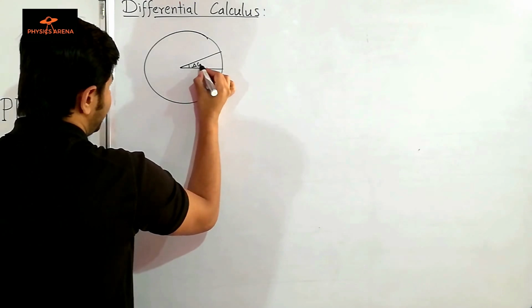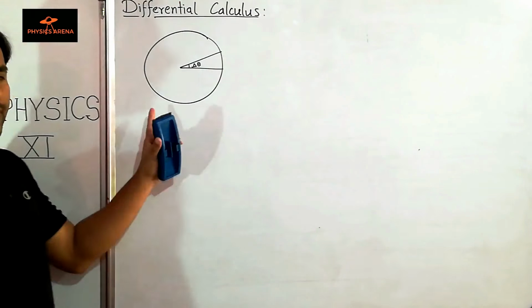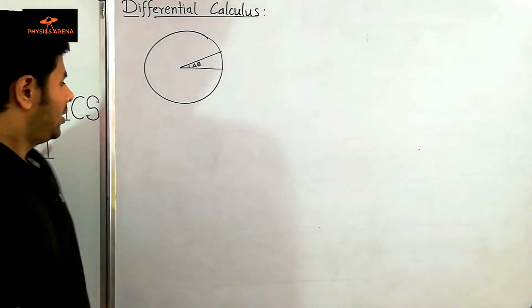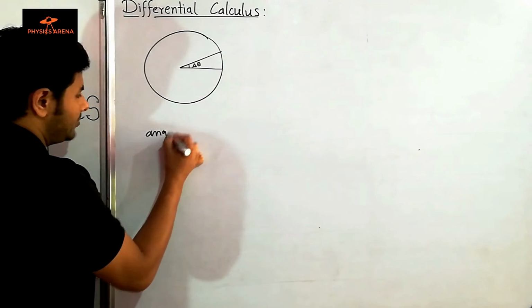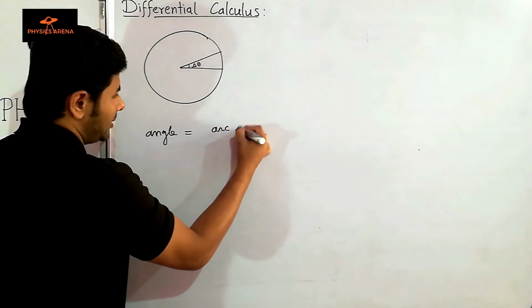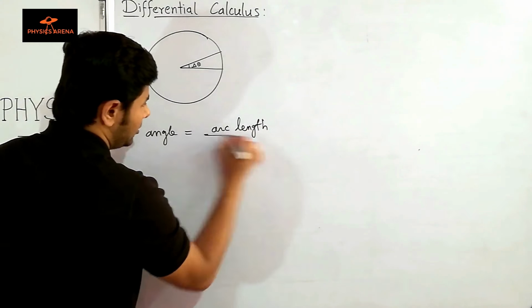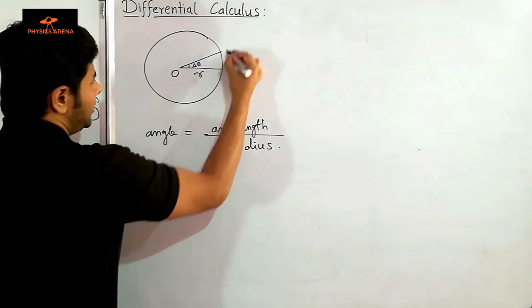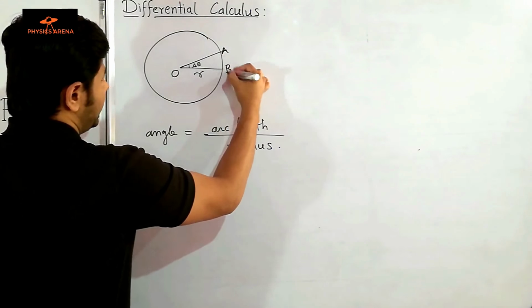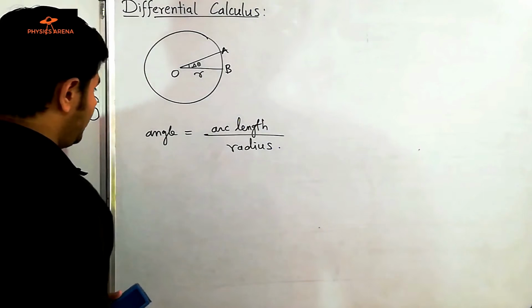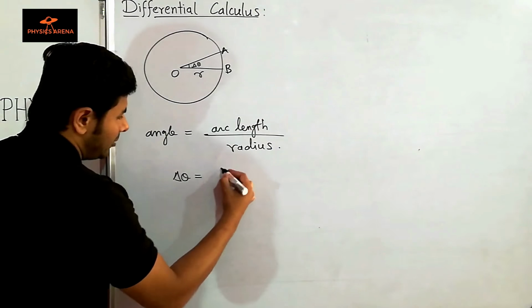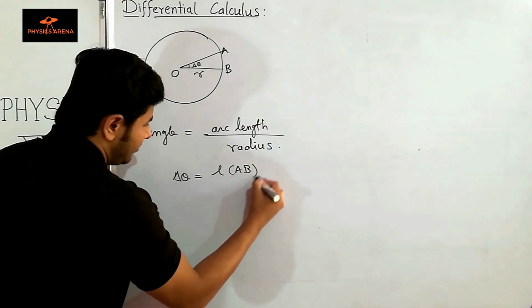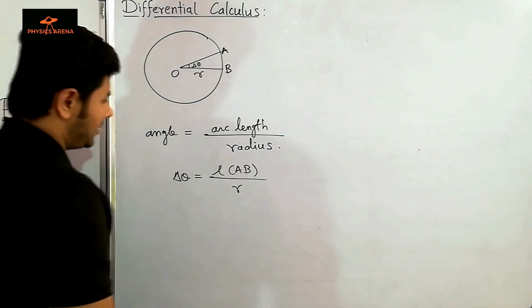Let me call it delta theta. So delta theta is the angle, and we know that angle equals arc length divided by radius. So r is the radius, and let's say the arc is AB. So delta theta should be equal to the length of AB divided by the radius, which is r.